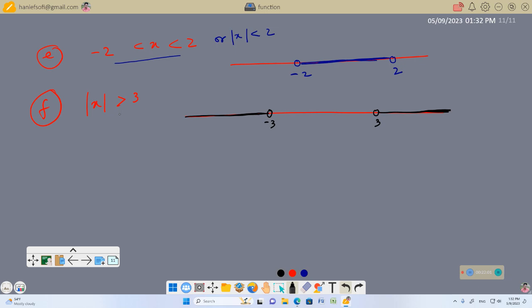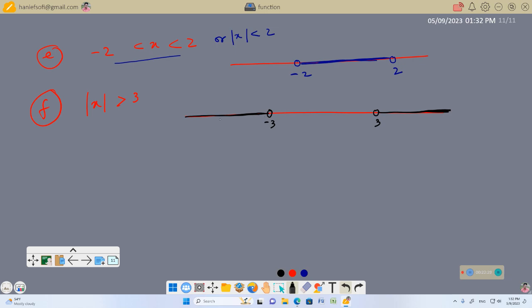Because I am saying mod x is greater than 3. You can see in this between there is a origin 0. So distance of all the points to the right of 3 from origin is greater than 3, and minus 3, because mod, when x is minus 3, mod x is still 3. When you say x is minus, mod x is still plus x.